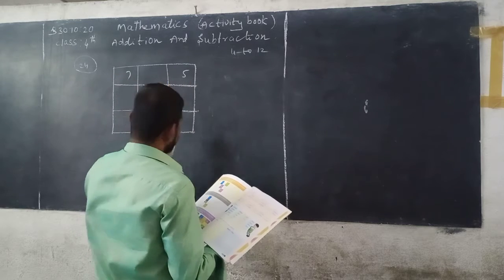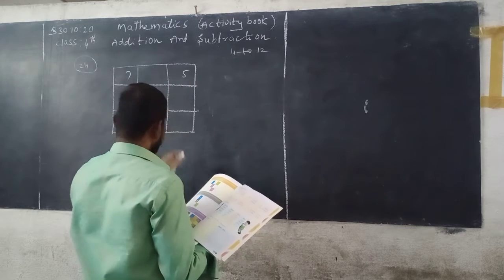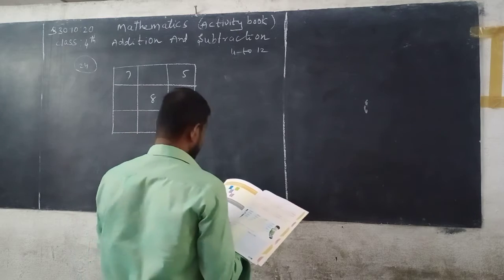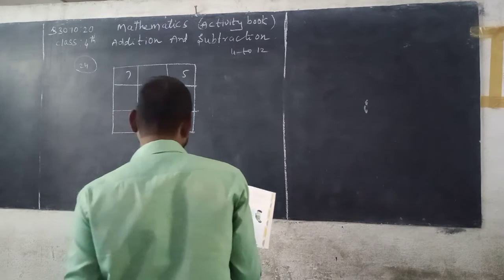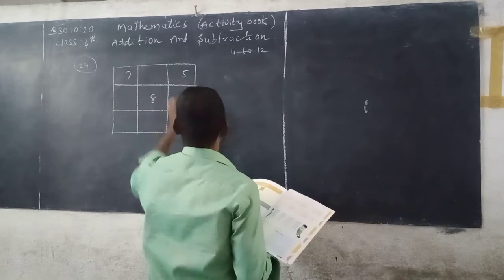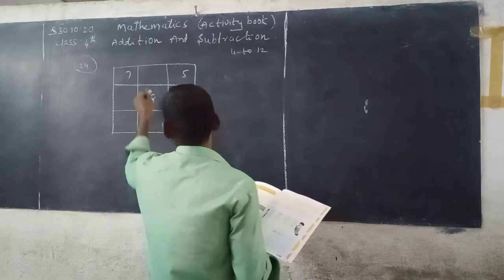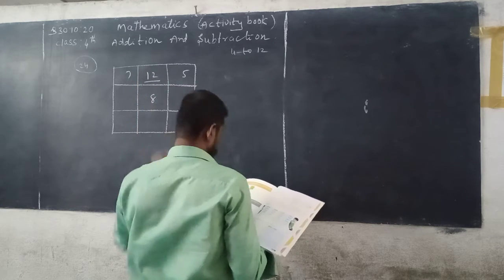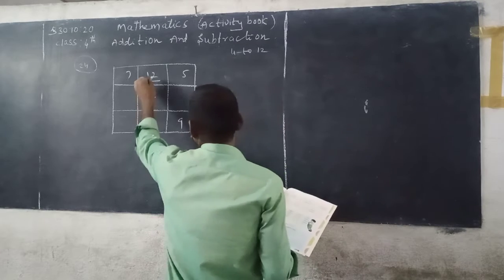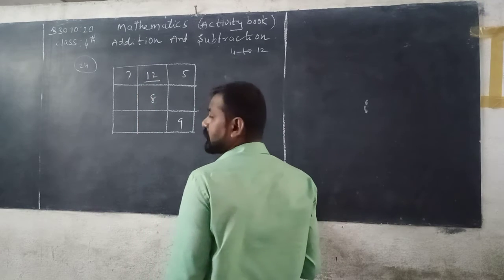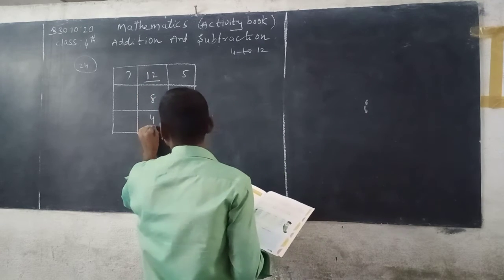7, 5, 8, 9. See here, 24 means 7 plus 5, 12, 12 plus 12, 24. Next, 12 plus 8, 20, 20 plus 4, 24.